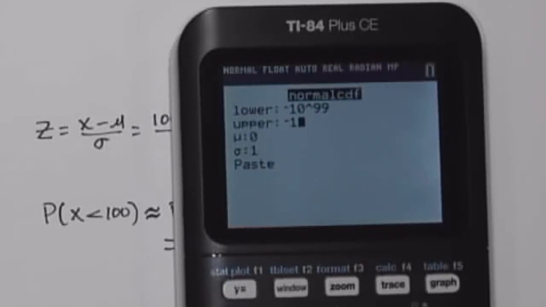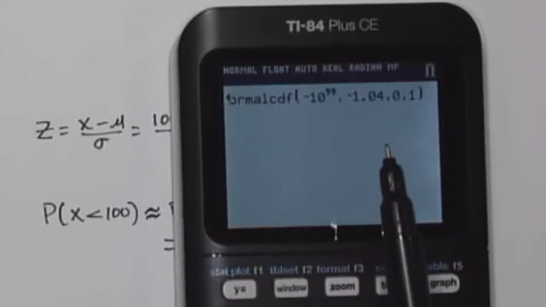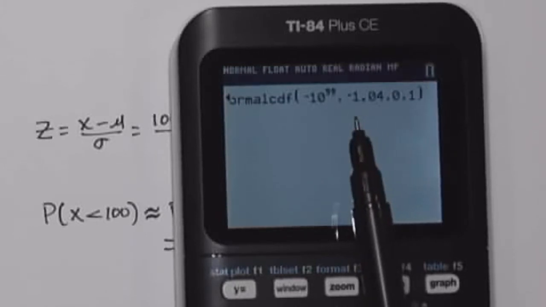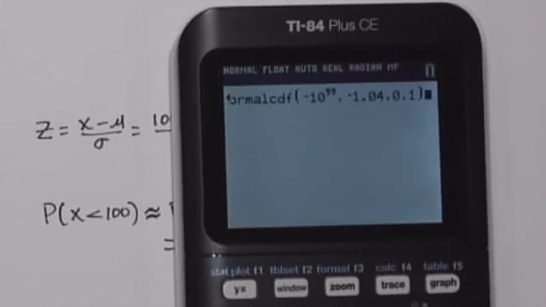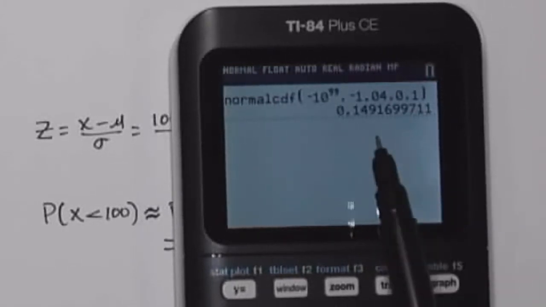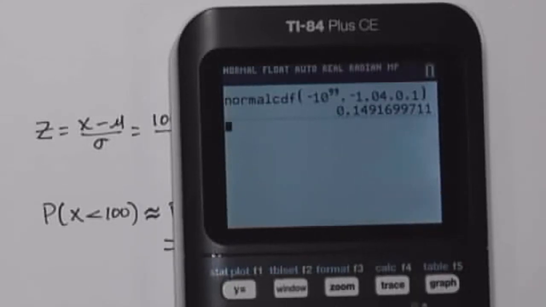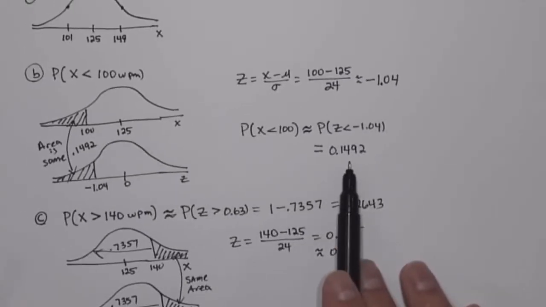Our right bound is negative 1.04, and so that gives us normal CDF, negative 10 to the 99th to negative 1.04 with a mean of 0 and standard deviation of 1, and so that would be about 0.1492, which is the answer we got when we did this by hand.